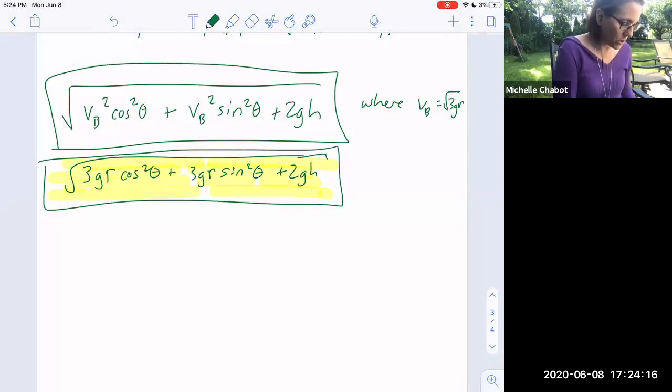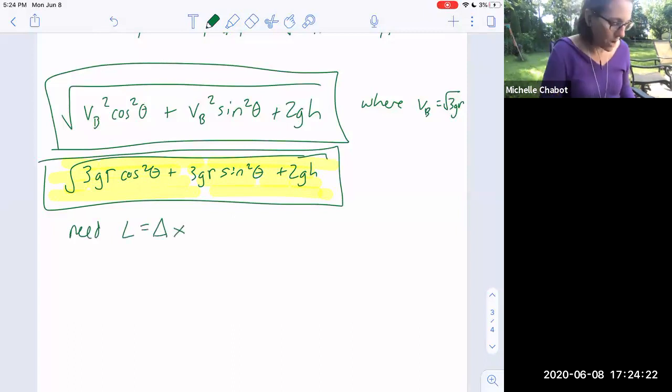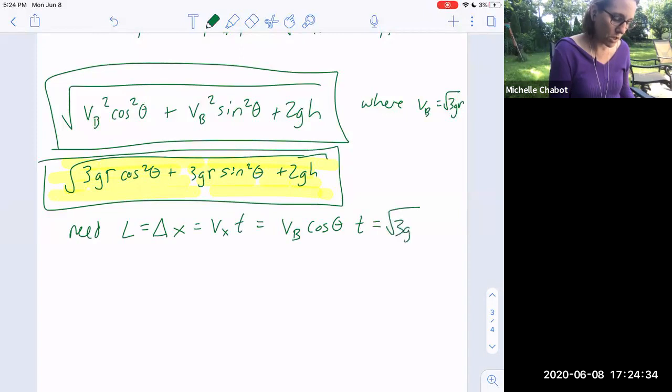And then also we need L, which is equal to delta X. And so that's then going to be equal to Vx t, which was Vb cosine theta times time. And so I'm going to plug in for Vb now. So square root of 3GR cosine theta times time. And again, I need time for this.